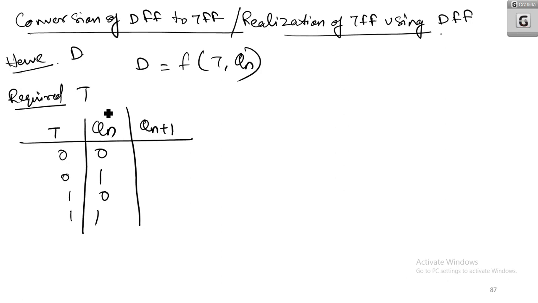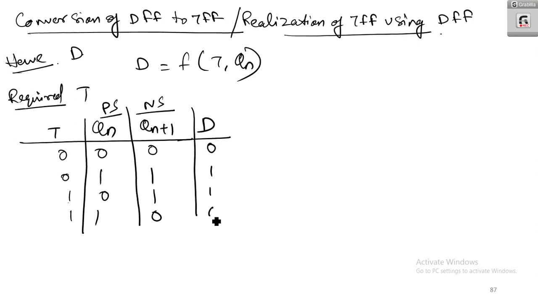That is the next state. The present state is Qn. Next state is Qn plus 1. In that case, what is D? That is the question. T is 0, it will remain there. T is 1 means 0 will be changed to 1, and 1 will be changed to 0. What is basically D? D is equal to Qn plus 1. So you can write it as 0, 1, 1, 0.